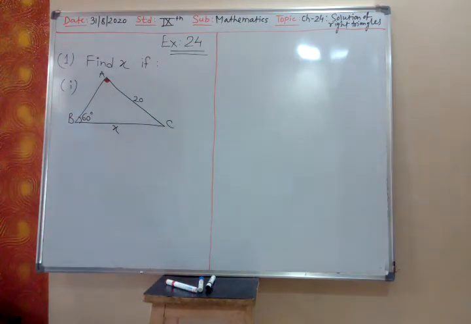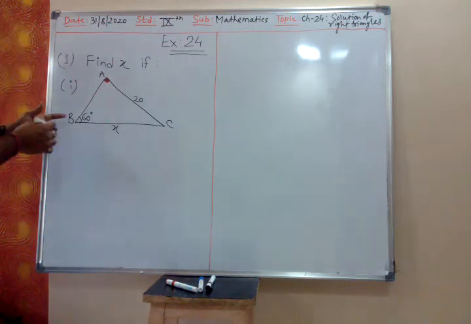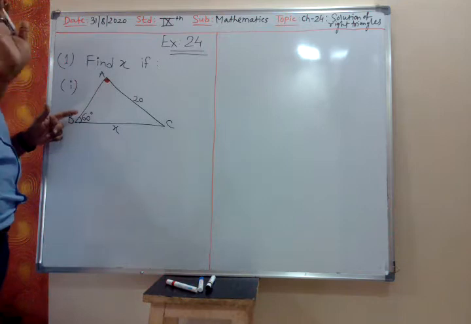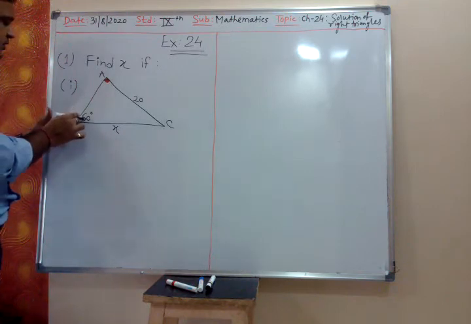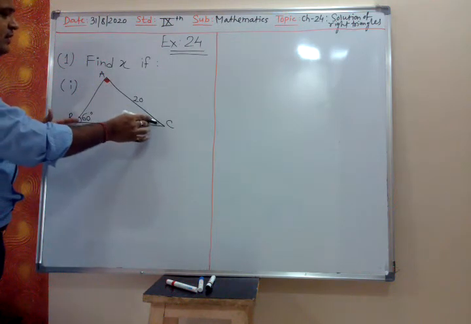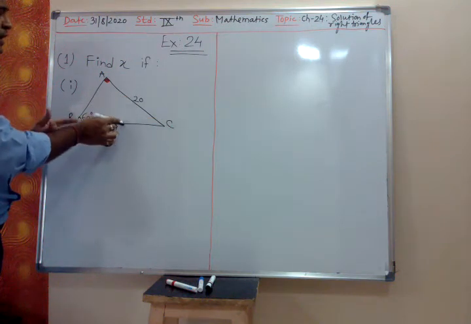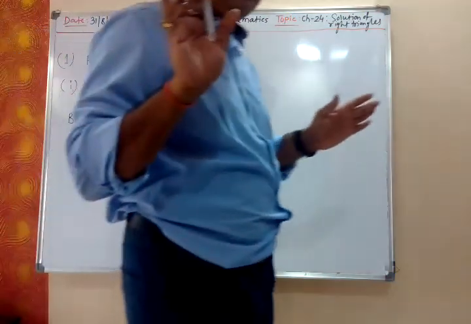Which ratio will you consider? Opposite and hypotenuse. I am talking about 60. The opposite side is given, and the hypotenuse you have to find. Not Pythagoras.